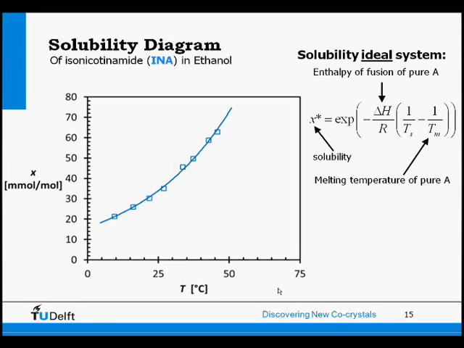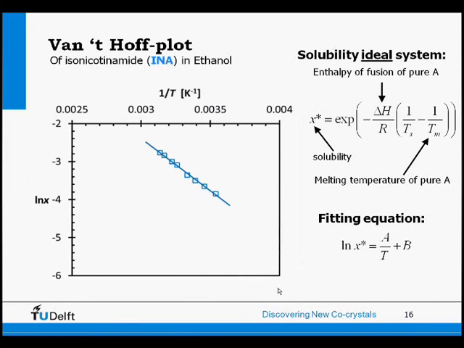And this is a theoretical description, but we can use a fitting equation with which you have two parameters to fit the line to, and we can do that in a Van 't Hoff plot. So then you plot the log of x versus 1 over the temperature in Kelvin this time, and if all is well you get a straight line, and that can be fitted with this equation, and you can determine A and B, and then you can extrapolate and interpolate the solubility data.